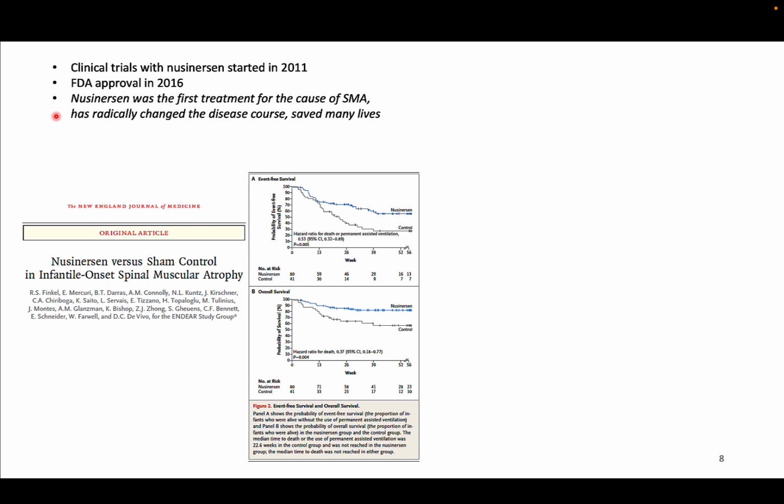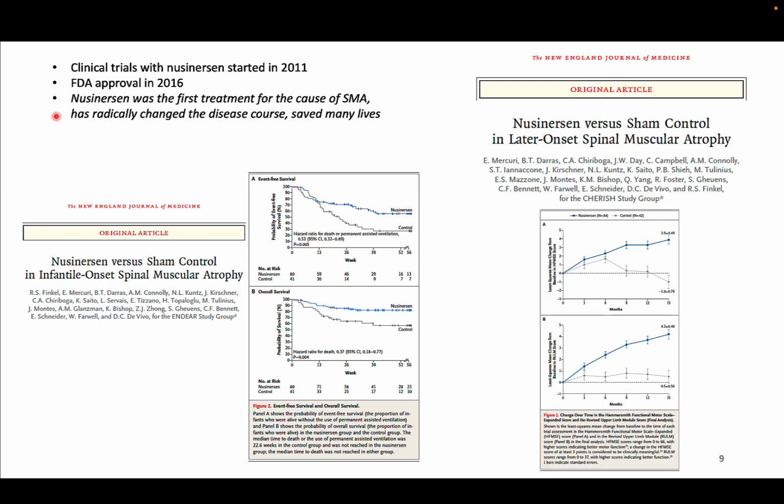It radically changed the disease course, has saved many lives. And as time has gone on, it's been approved for the milder forms of spinal muscular atrophy that are not rapidly fatal, like later onset spinal muscular atrophy. Here, instead of looking at survival, you can look at function. Are the kids meeting the normal developmental points along the way?